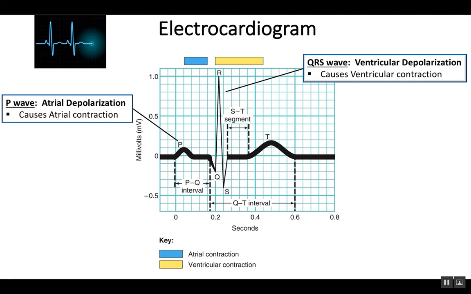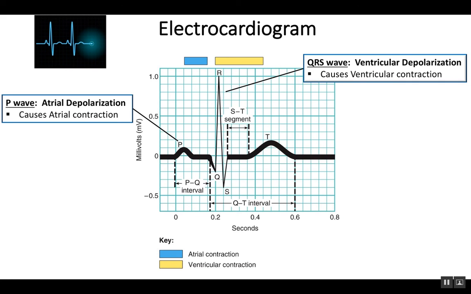Now the reason why it's a little more complicated is the right and left ventricles depolarize at a slightly different time. So you get a little bit of a more complicated look to the QRS. We're not going to really get into that, but that's why it's a little more dramatic looking than the P. It's also bigger because there's just a lot more muscle in the ventricles than there is the atria.